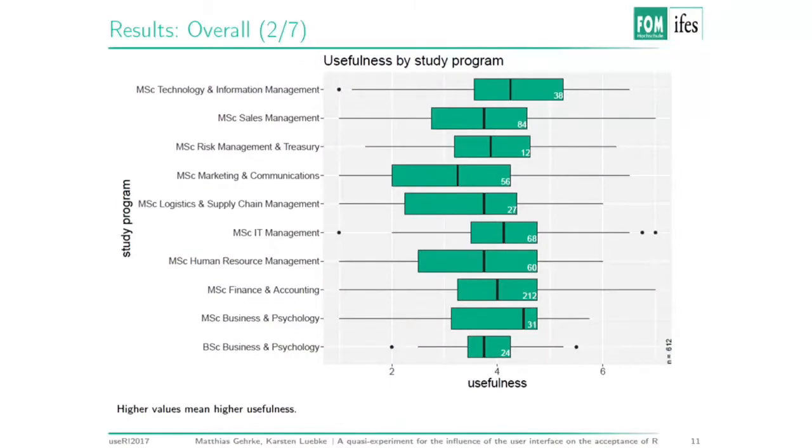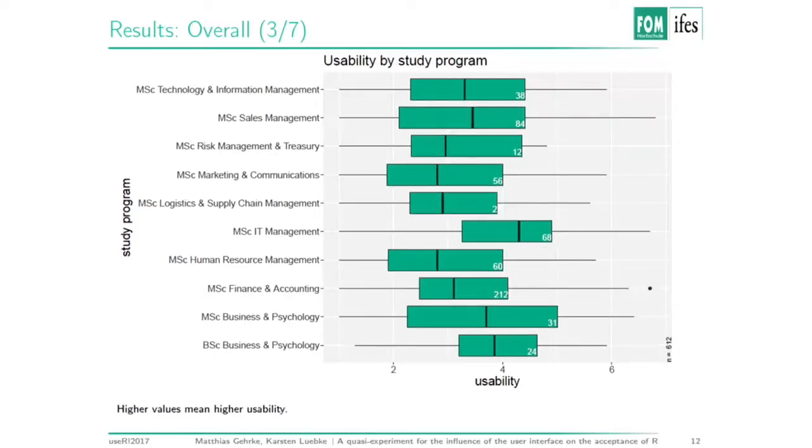Same with the study program, usefulness. You see, okay, on a couple of study programs, we have it here above medium level, but still a couple of programs which are below medium level. And usability, it's mainly below medium level, so only the IT freaks, who come from an IT study bachelor course before, can use it quite well.